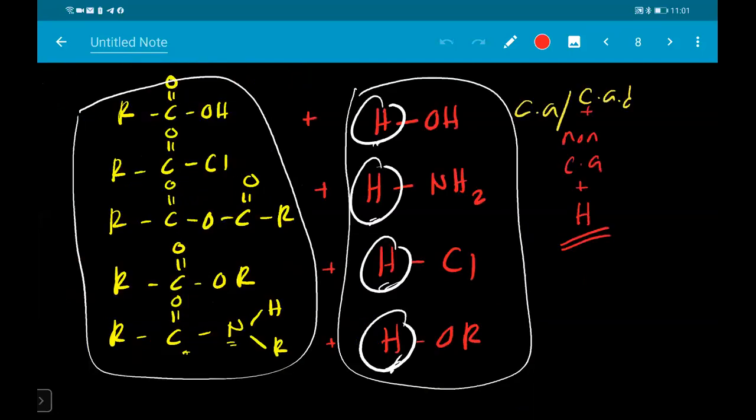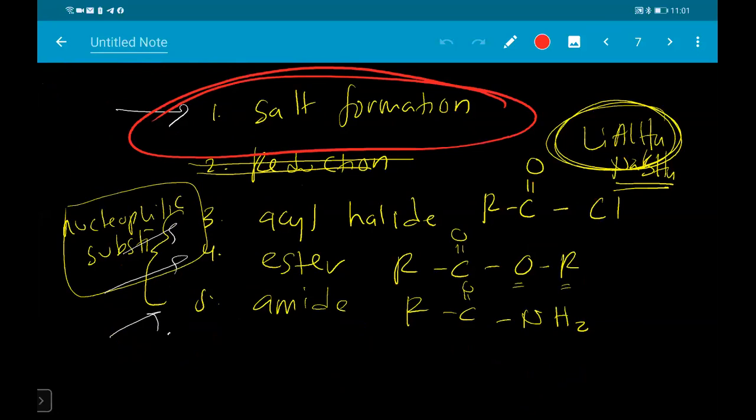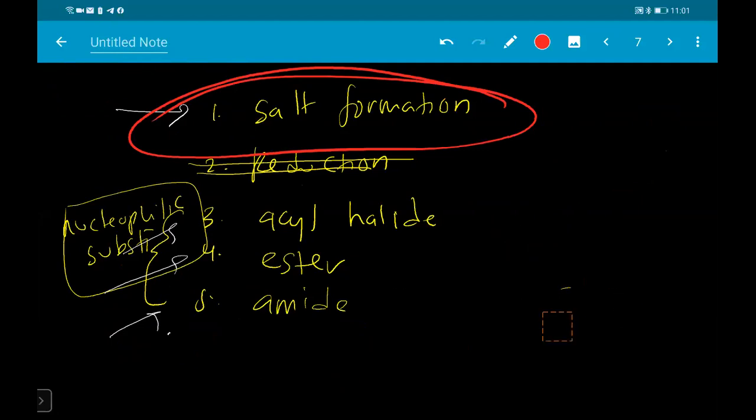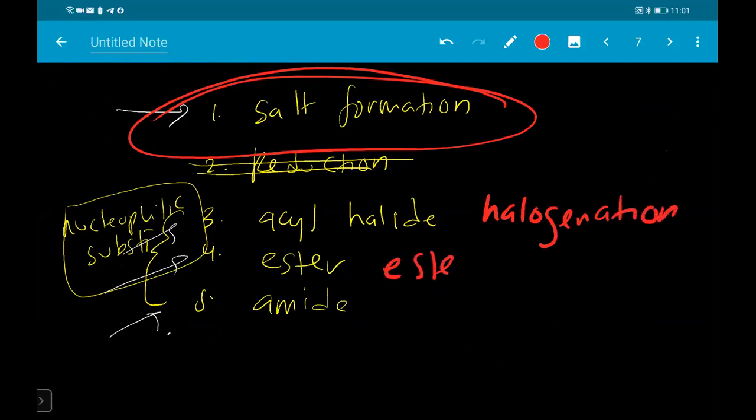Alright, don't worry about the visual test semua. Saya nak highlightkan tindak balas ni je. Tadi highlight ini, this is the halogenation. Ester is the esterification.